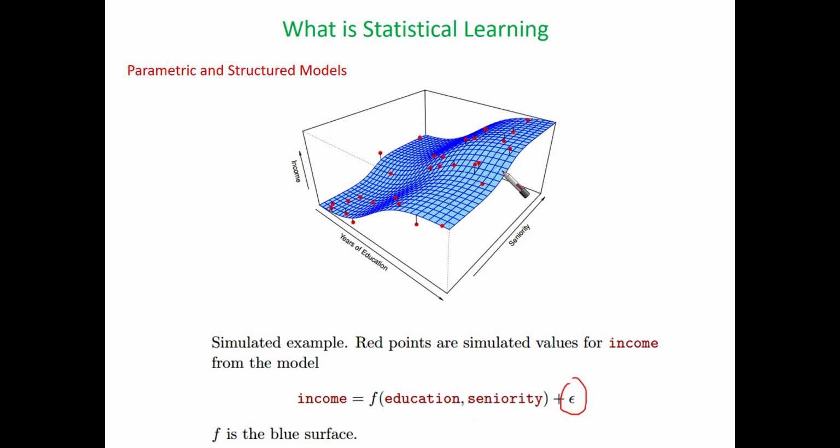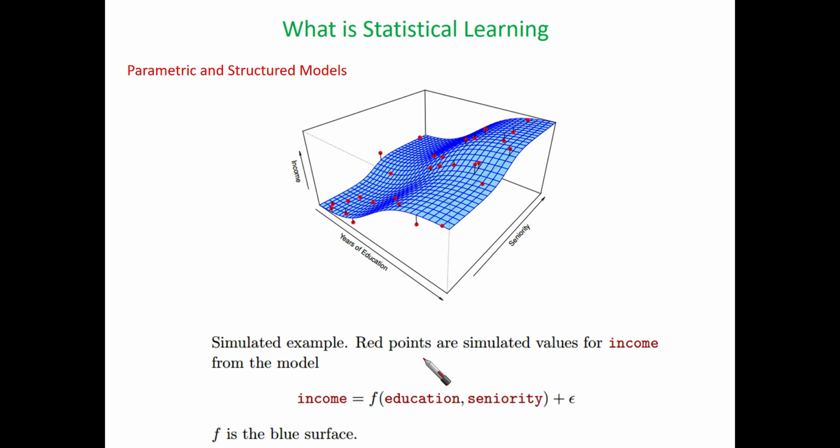The blue is the true function, but here the red one is the observation or simulated data. And as we said, income is generally a function of education and seniority, in this case seniority and years of education.